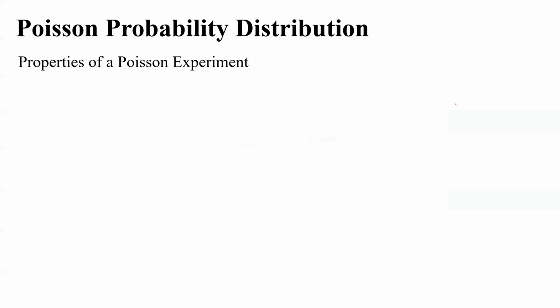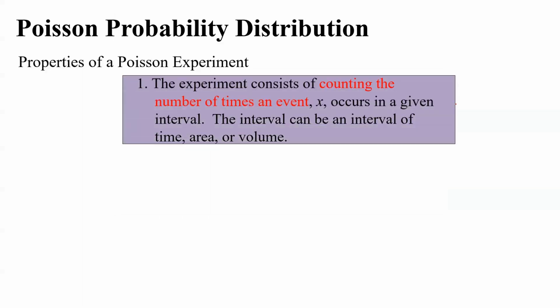Now, the properties of the Poisson experiment. First, the experiment consists of counting the number of times an event, which is x, occurs in a given interval. The interval can be an interval of time, area, or volume.